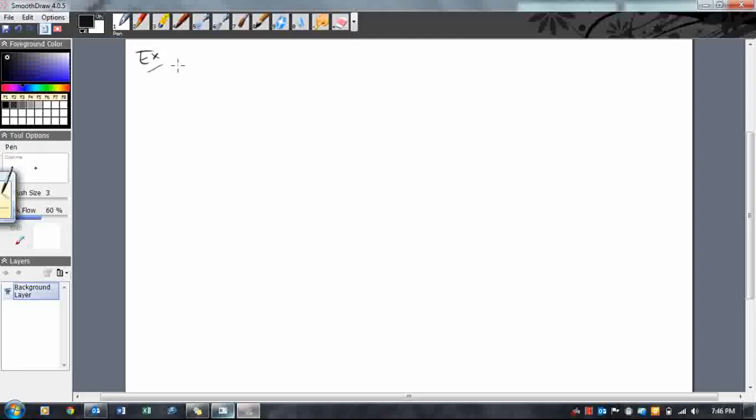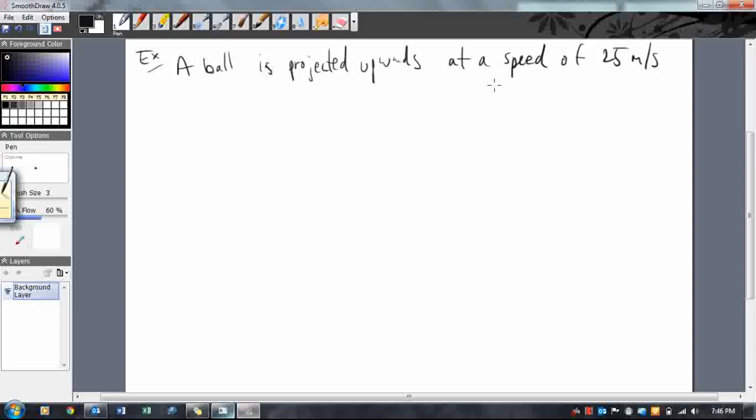Here we go. So a ball is shot upwards, projected upwards at a speed of 25 meters per second.